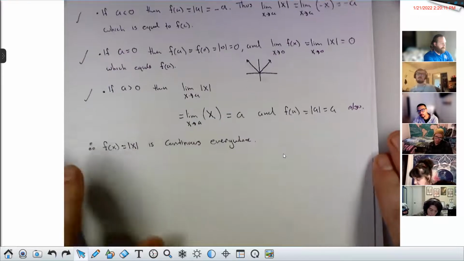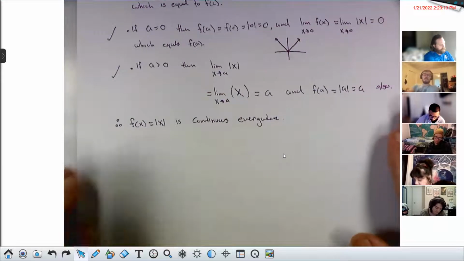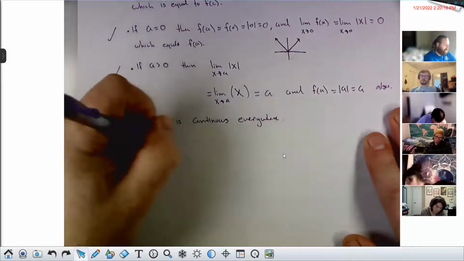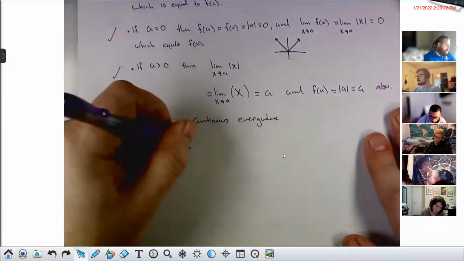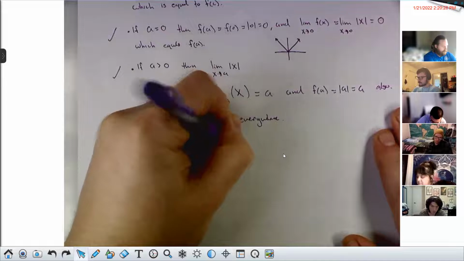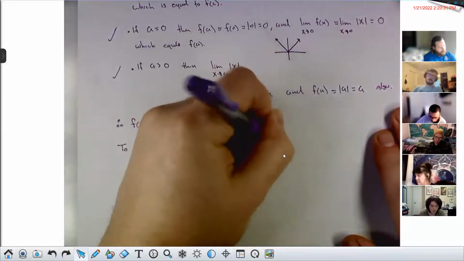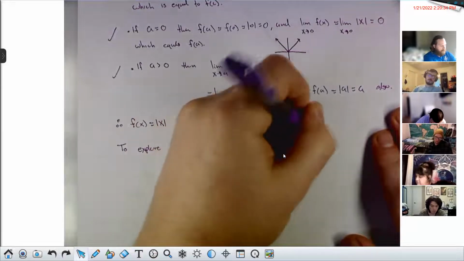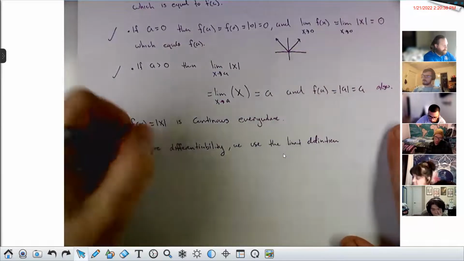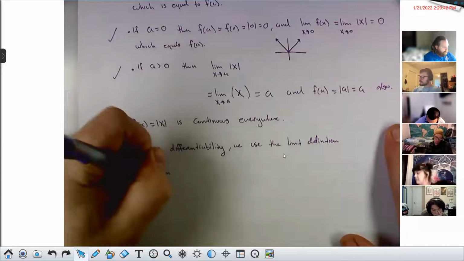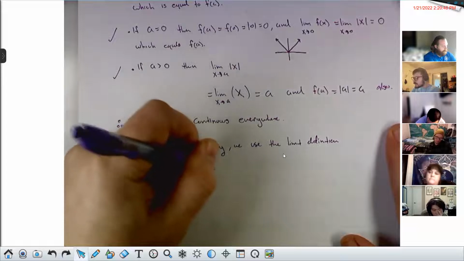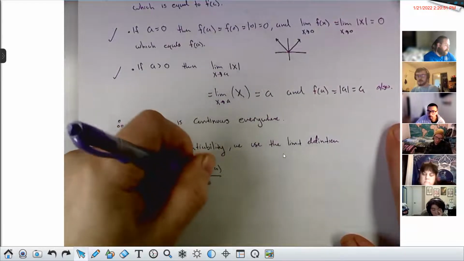But what about differentiability? To explore differentiability, we use the limit definition, the limit as x goes to a of f of x minus f of a divided by x minus a.